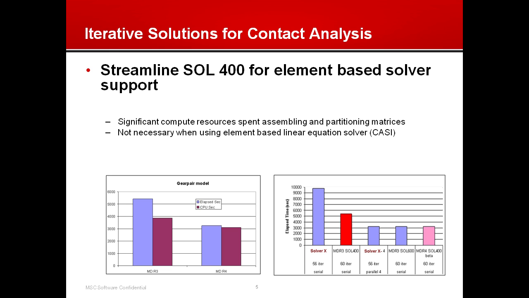We also have iterative solvers, and in recent years we've done more work with that. MSC Nastran has 2 iterative solvers. And one of the areas of improvement has really been in the implementation of this iterative solver to reduce the amount of communication time.